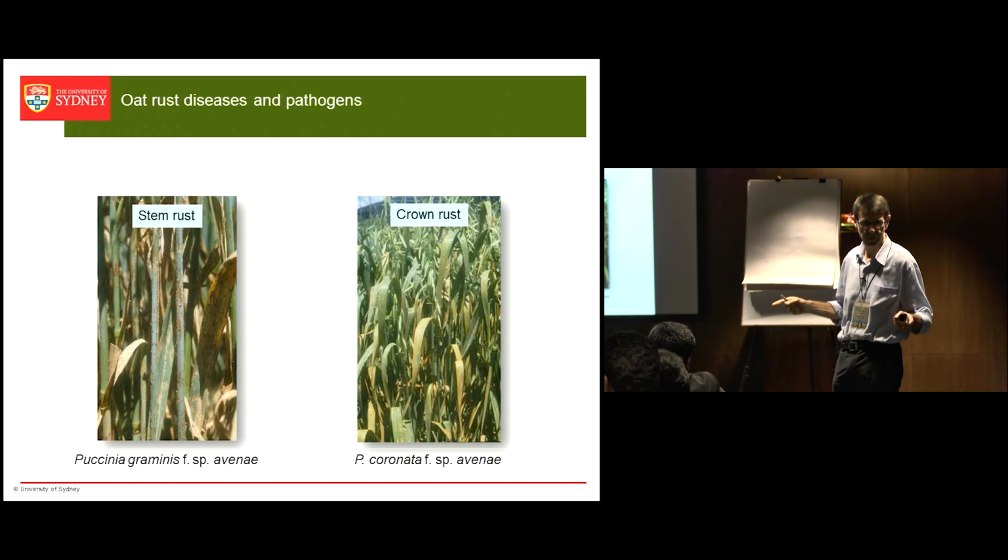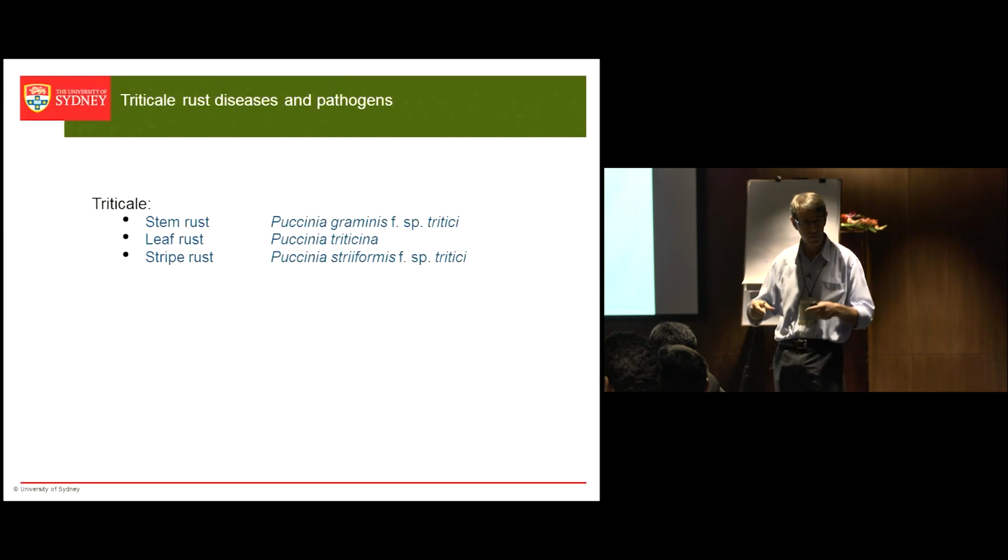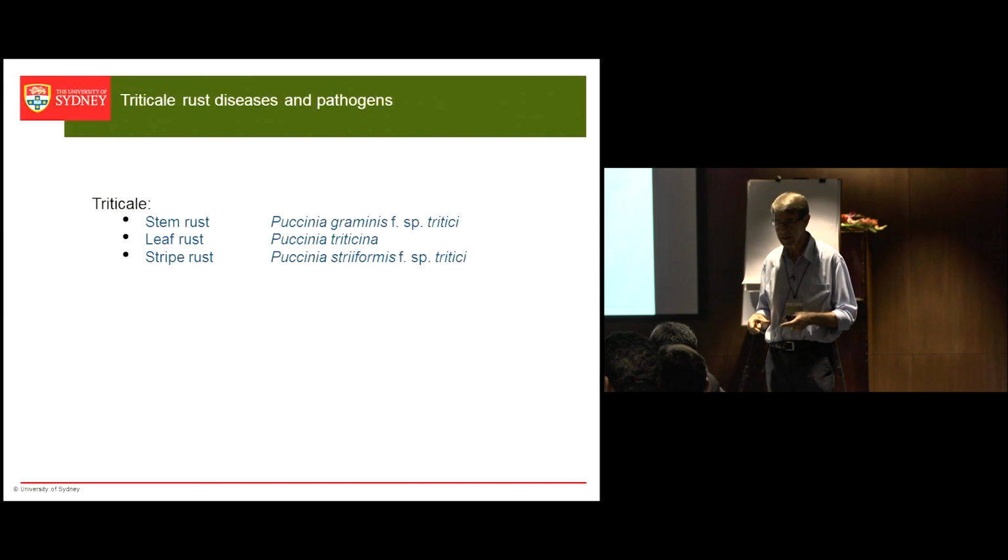They're all gone, and we've almost lost all of our resistance genes to Puccinia coronata, to crown rust in oat. So these are really, really difficult pathogens to breed for resistance to. And the other problem with oat is, compared to wheat, it's a very small crop. So it's hard to get people interested to fund research on oat.